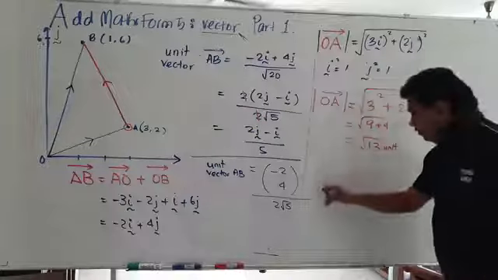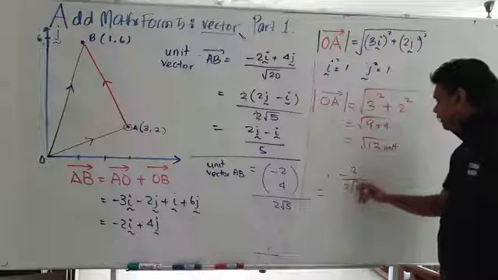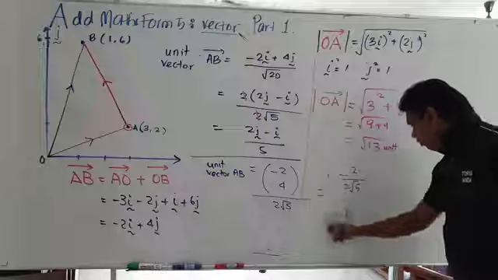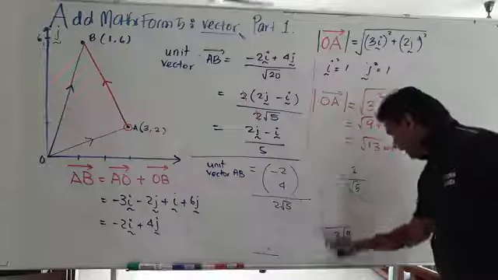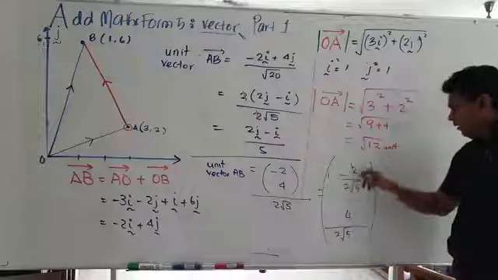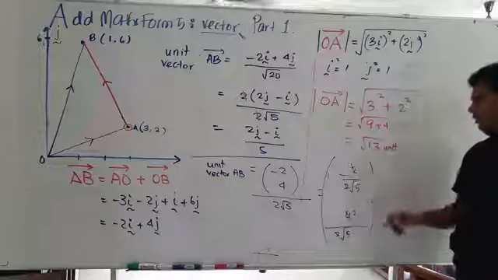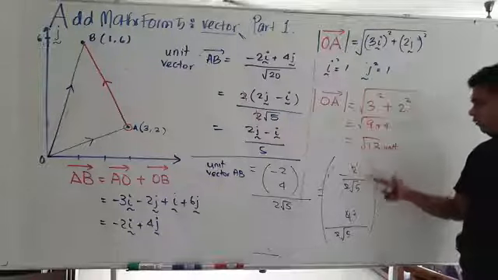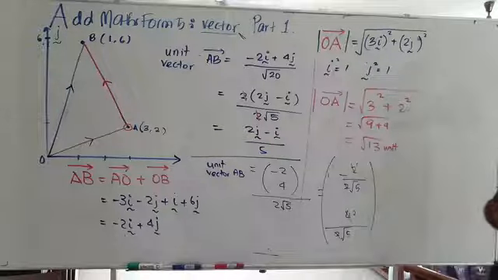So from here, I'm going to write negative 2 over 2 square root 5 and 4 over 2 square root 5. That is called unit vector. Of course, you can simplify here, cut here. You can simplify and then you get your final answer: negative 1 over square root 5 and 2 over square root 5. So that's how you find unit vector.